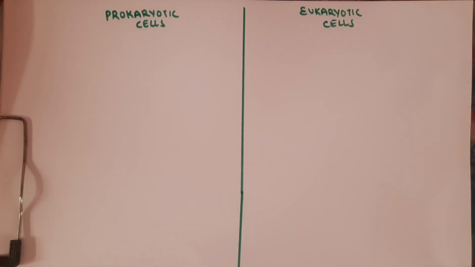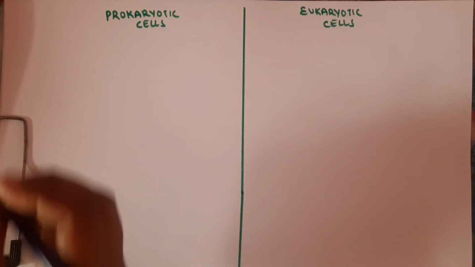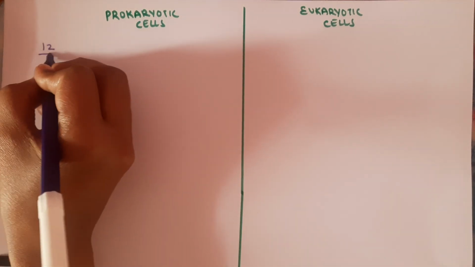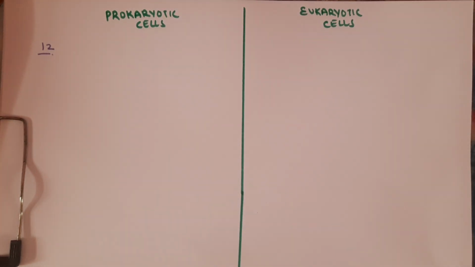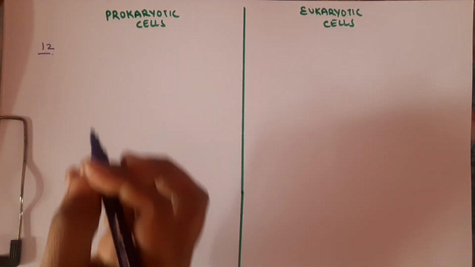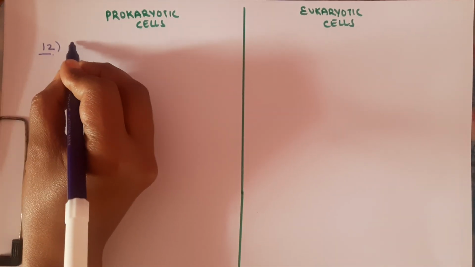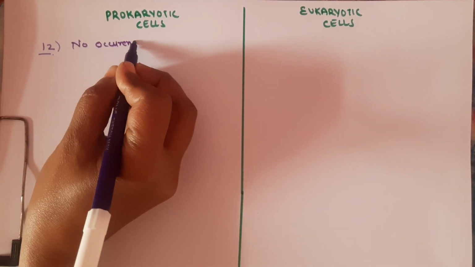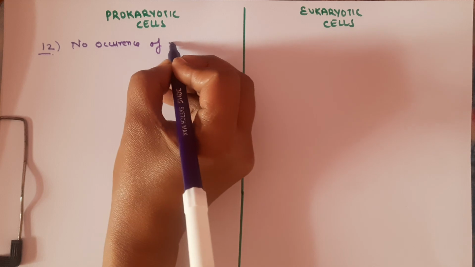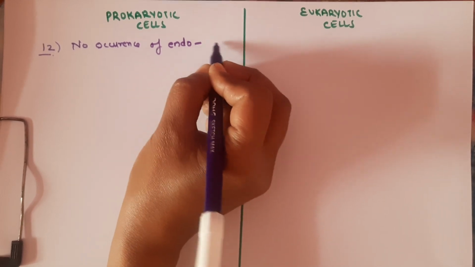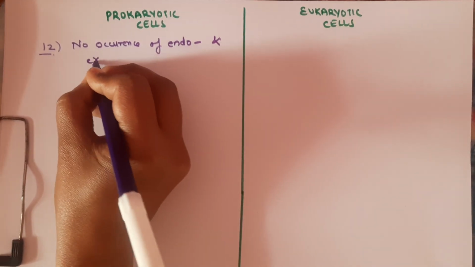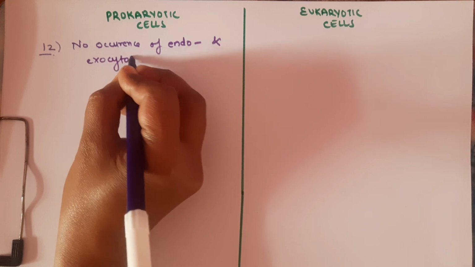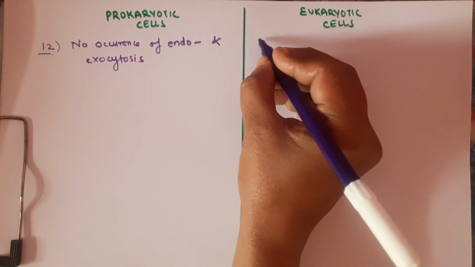The next difference, that is difference number 12, is the absence or presence of endocytosis and exocytosis. So no occurrence of endo and exocytosis in case of the prokaryotic cell.